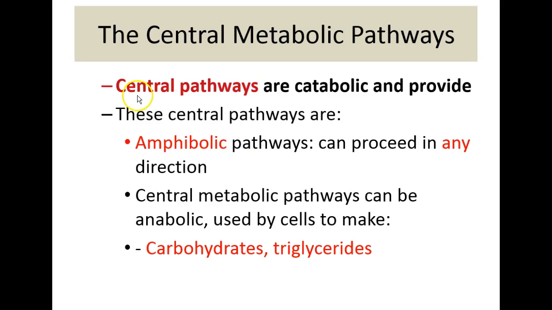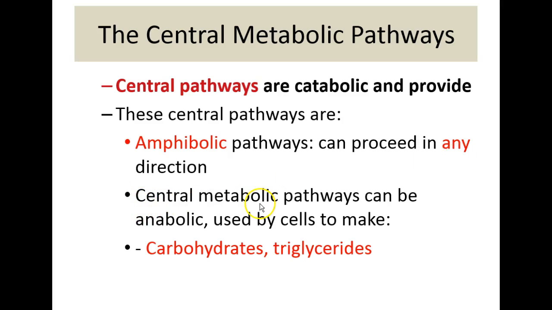We have been saying that the central metabolic pathways, glycolysis and the TCA cycle, are catabolic pathways, which is true, but not completely true. These pathways are actually amphibolic pathways. They may proceed in any direction.